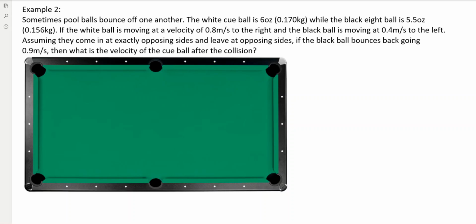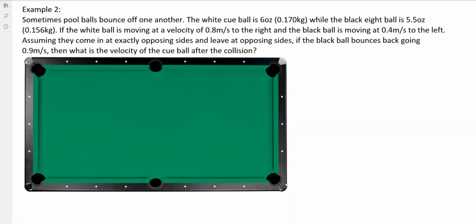The white pool cue ball is 6 ounces or 0.170 kilograms, while the black one is 5.5 ounces, 0.156 kilograms, so slightly smaller. If the white ball is moving at a velocity of that much to the right, and the black ball is moving that much to the left, they come in at exactly opposing sides and leave at exactly opposing sides.